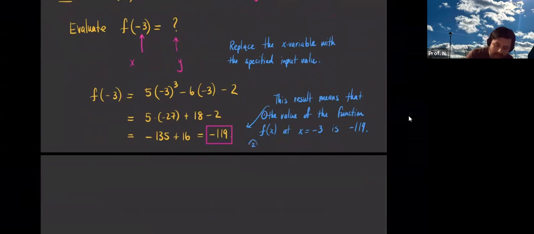The second thing we can say is that a coordinate for the function is negative 3 comma negative 119.